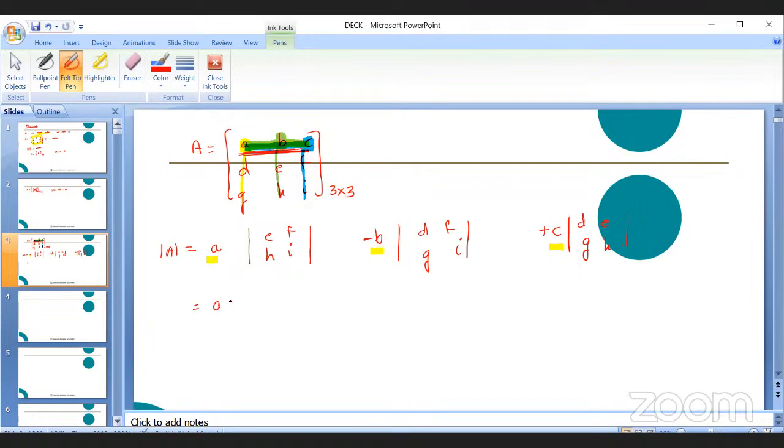So, A you will multiply with the determinant. It is easy, I told you. EI minus FH. Minus B into this determinant, DI minus FG. Plus C into the last one, DH minus EG.